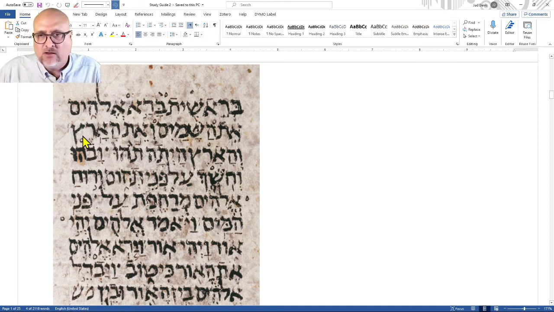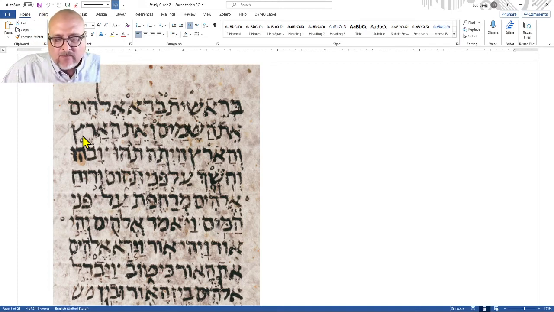You can see that's exactly the text we had. And this text was copied in 1008 AD. We know that because the guy dated it when he wrote it. And we know the guy who copied it. I can't remember his name, but this is the oldest complete Hebrew Bible that we have.